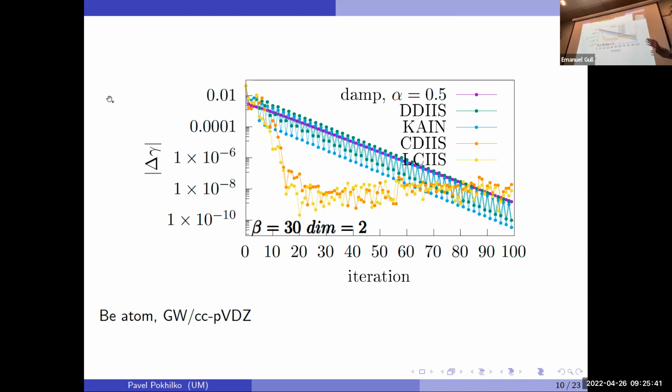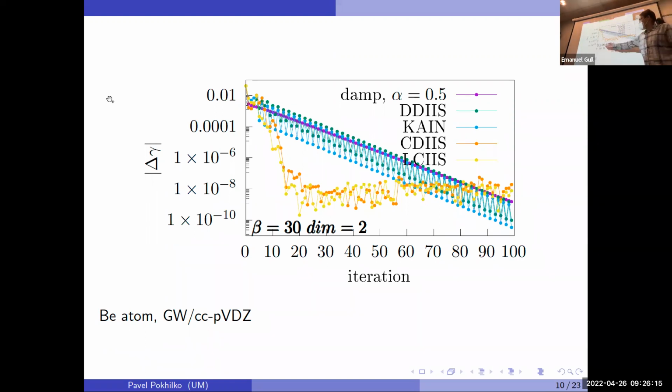This is a very simple example, probably the simplest that I can come up with. It is just a beryllium atom. The iterations start from the 0 temperature Hartree-Fock guess, and these are the GW iterations. On the vertical axis, I show the changes in the density matrix that are printed in the output as DMD, and on the horizontal axis, the iteration number.